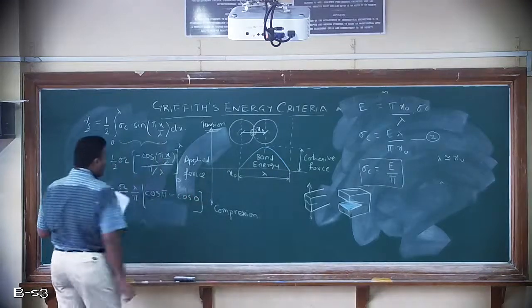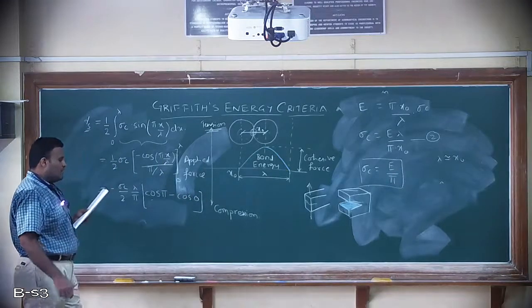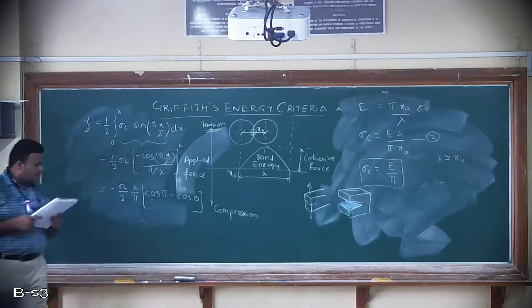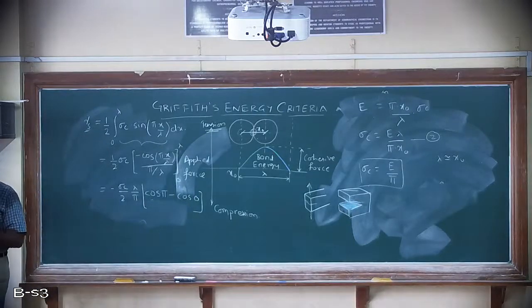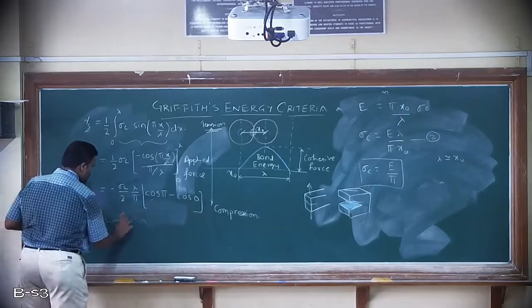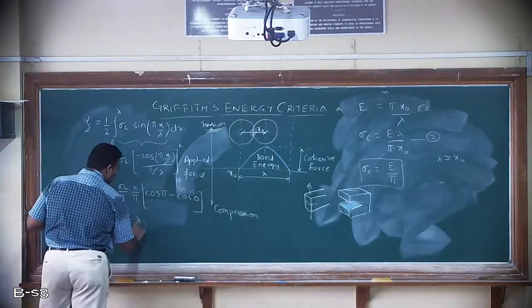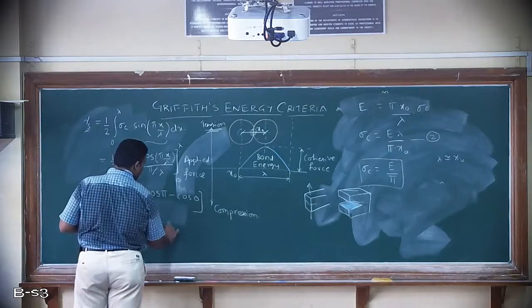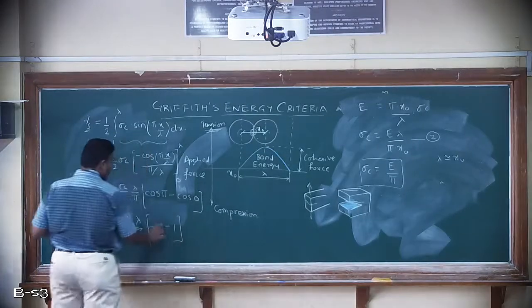Cos of pi is minus 1 and cos of 0 is plus 1. So this becomes sigma c by 2 into lambda by pi into minus 2.